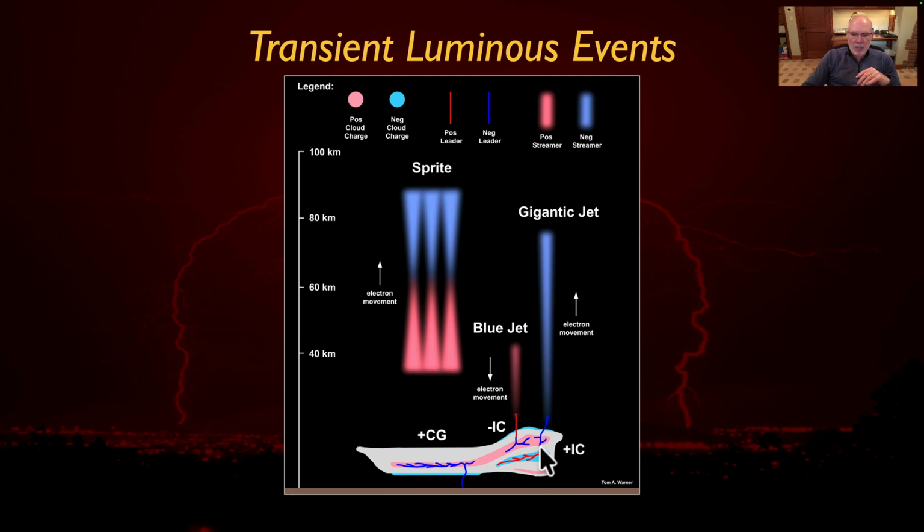And in the case of a gigantic jet, the gigantic jet is a cloud flash in which you have the main negative charge region and a positive charge region above, and as the negative leader goes into the positive charge region, it continues beyond and up out of the cloud and continues upward.